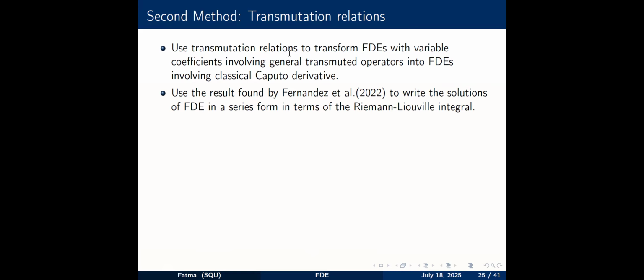Then we use the result found by Aleroev and his co-authors to write the solution in series form in terms of the Riemann-Liouville integral. They used the same method that I used for finding the solution of the fractional differential equation with the Erdélyi-Kober derivative. It is based on the fixed point theorem and the successive iteration method.